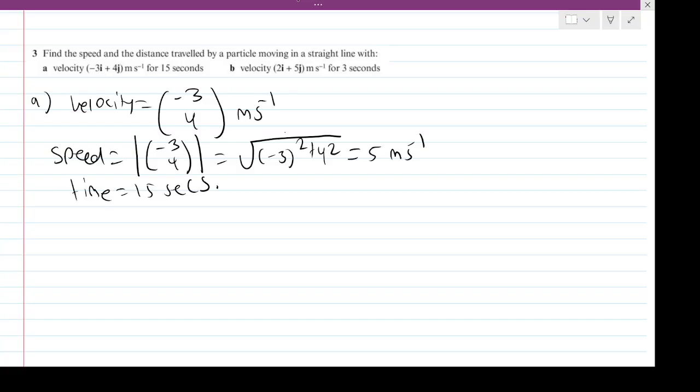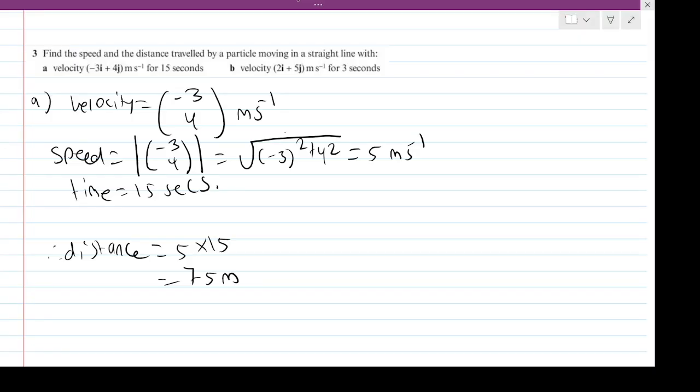Don't forget your units. So my speed is 5 and my time is 15. Therefore my distance, remember distance is speed times time, is going to be 5 times 15, which would be 75 meters.